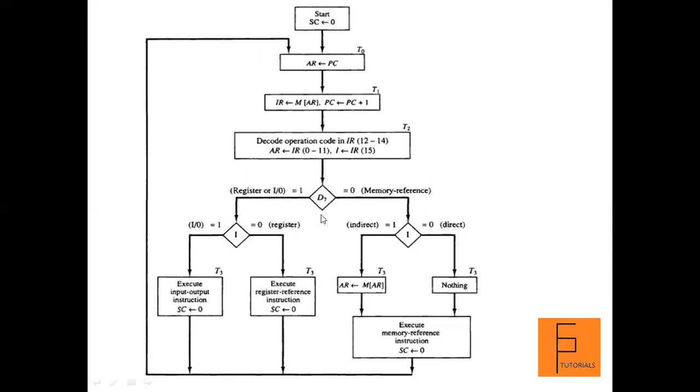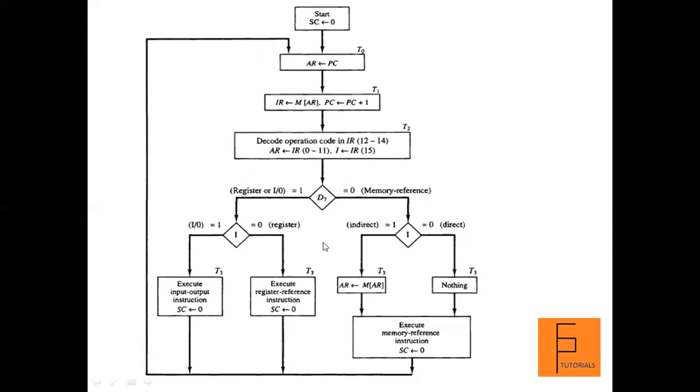You will have to check D7. Here D7 refers to the last output line, or the 8th output line, of the decoder. If the 8th output line of the decoder is enabled, what does it mean? What is the binary value of the subscript 7? 111.